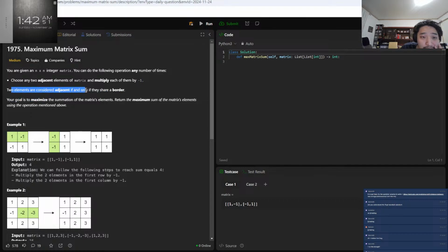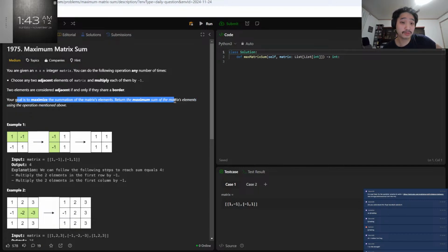Adjacent if and only if they share a border. Yeah, that is not the usual definition of adjacent. Your goal is to maximize the summation of the matrix elements. Return the maximum sum of the matrix elements using the operation mentioned.